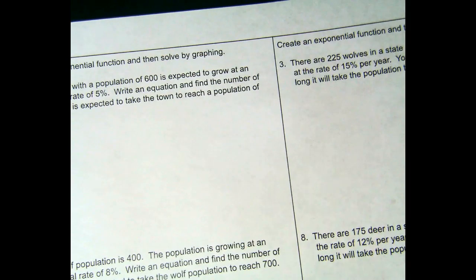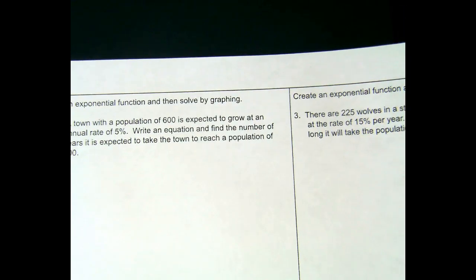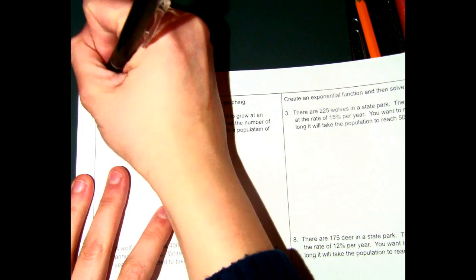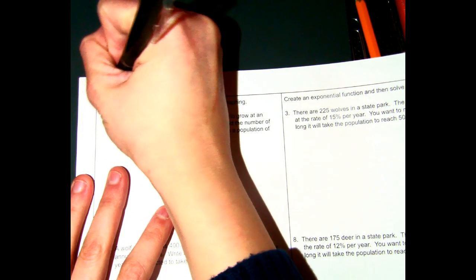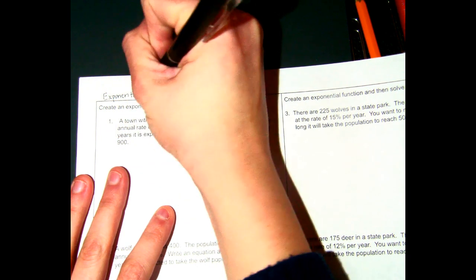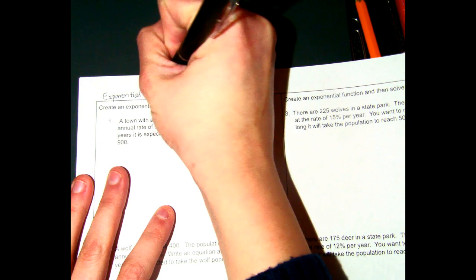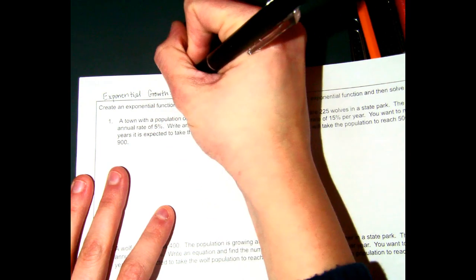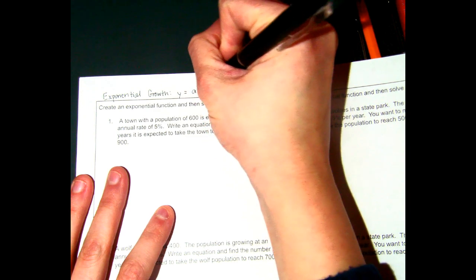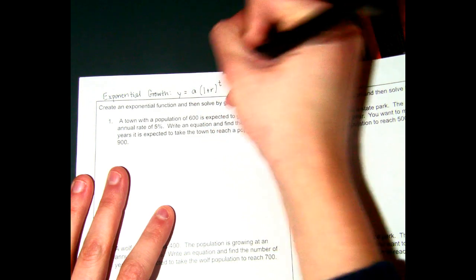In the back of your notebook, in your answer document, your reference sheet for the test at the end of the year, you have two formulas. You have an exponential growth formula. That exponential growth formula is y equals a times 1 plus r to the t power.